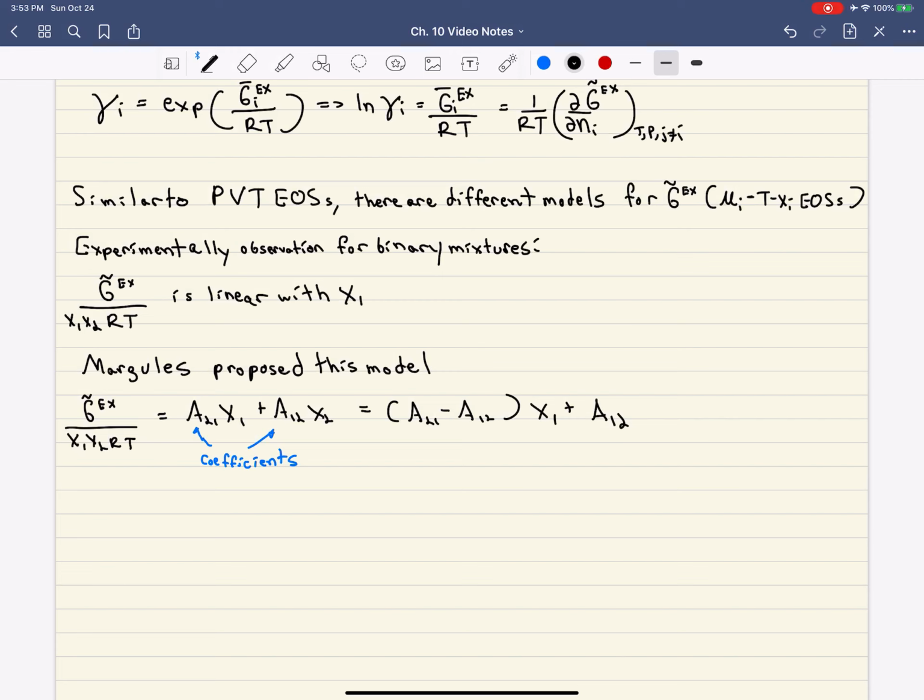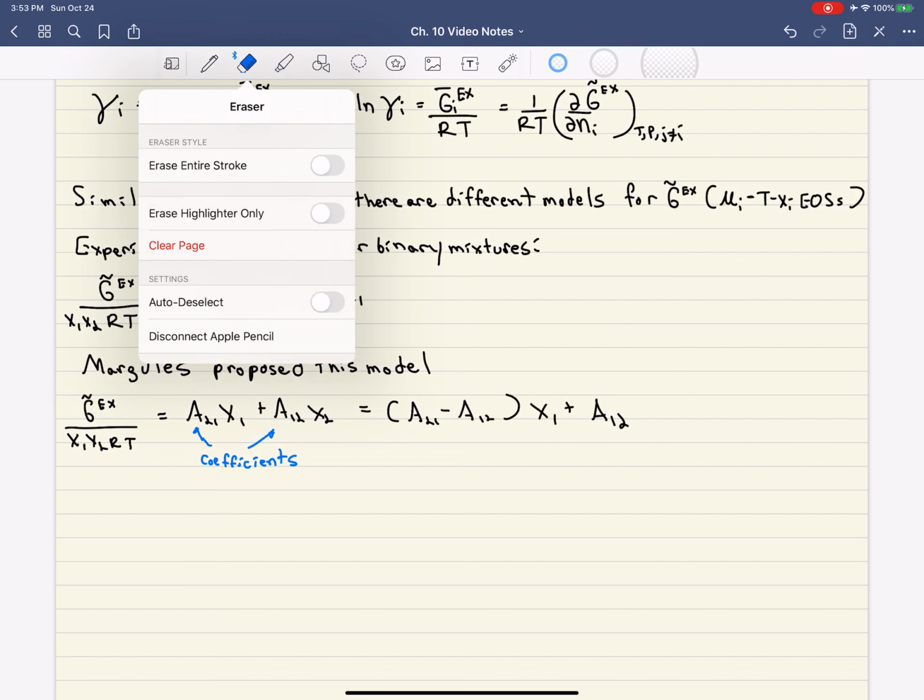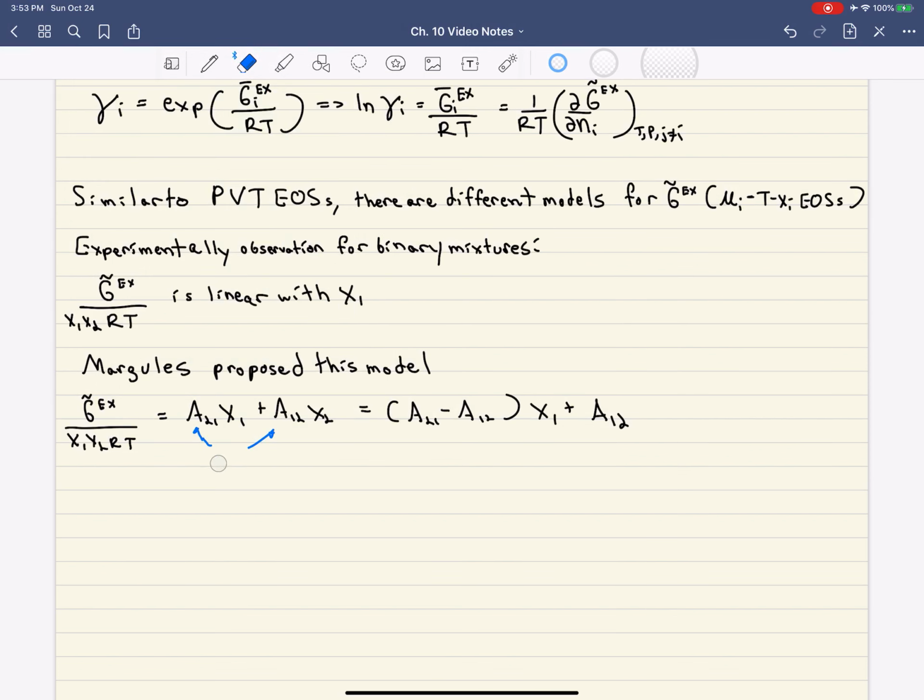Okay. And so these A2 and A1 terms, those are the Margules coefficients, named after Margules. And the advantage of writing the equation in this format is that, as I mentioned, experimentally they've observed that this ratio is linear with x1.